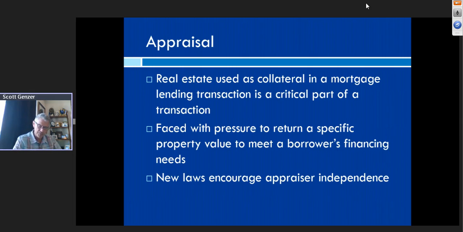Also, there's the extension of credit. If we know there's been a violation on coercion or the prohibition against conflict of interest, say we find out this appraiser that did the appraisal for this property, maybe not on that particular loan, but we felt he had a conflict of interest or was involved in coercion on another transaction, we're not to use that appraisal until we do our due diligence.